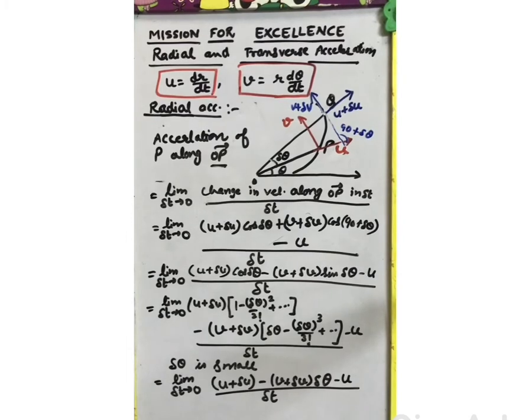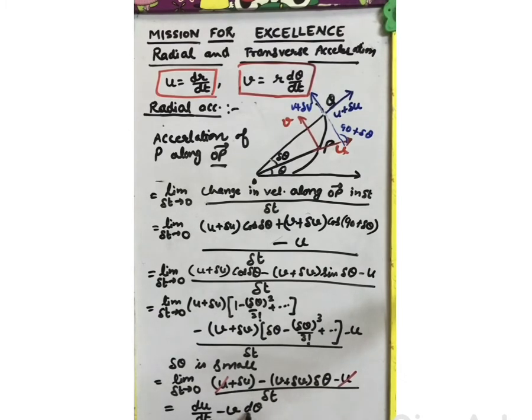So when you take delta t tends to 0, this u and this u will be cancelled. So this u minus u is a cancelled term, and we are left with delta u by delta t. So it will become du by dt. This will become du by dt minus v delta theta by delta t.